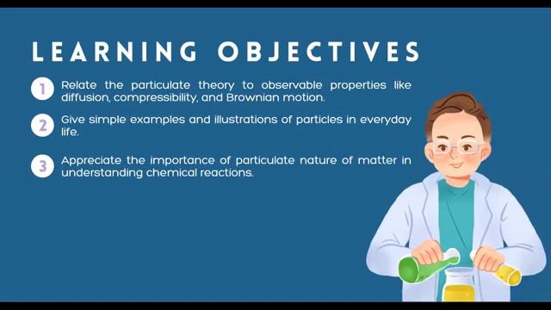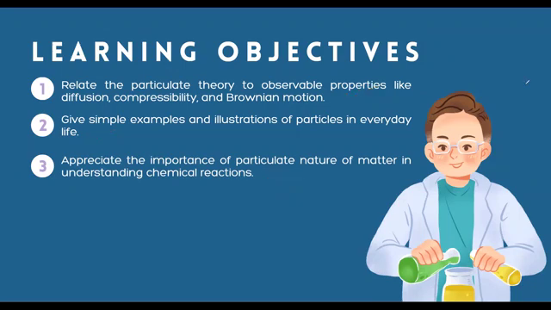Objective number one, I want you to be able to relate the particulate theory to observable properties like diffusion, compressibility, and Brownian motion. I want you to be able to give simple examples and illustrations of particles in everyday life. And then finally, I want you to be able to appreciate the importance of the particulate nature of matter in understanding chemical reactions. Who is ready for today's class? And who is as excited as I am?